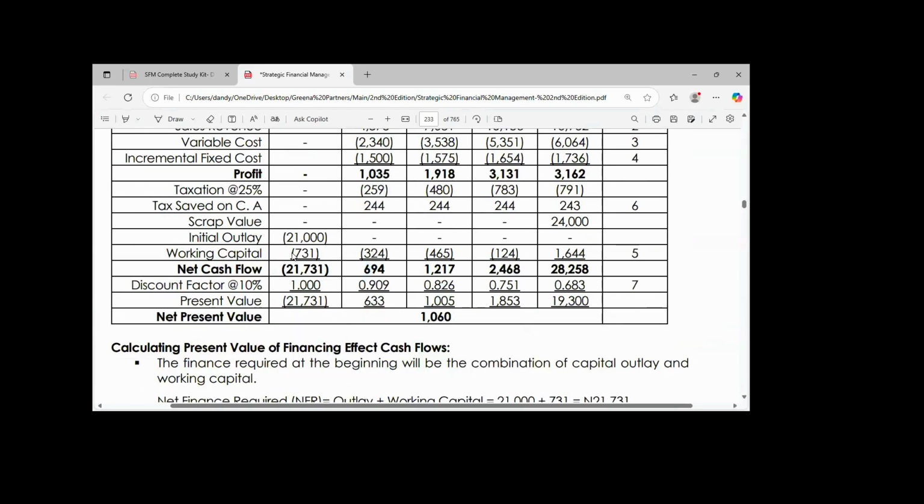The one in year 0 is this. Year 1, 324. Year 2, 465. We recognize the one of year 4, which is 124, in the third year. At the end of the useful life, which is year 4, you recover the entire working capital.